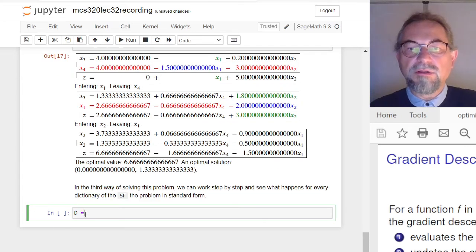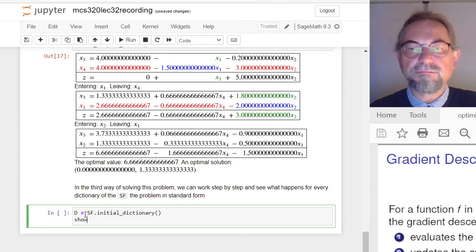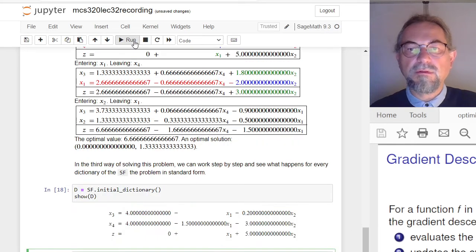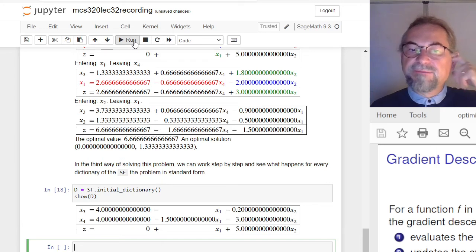So I will ask for the initial dictionary. So here we have the initial dictionary.